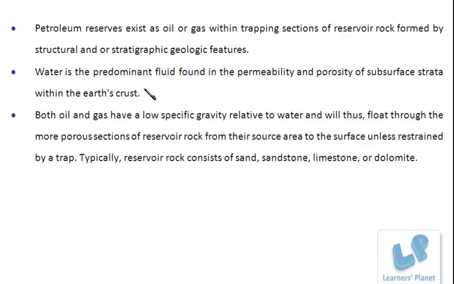The ocean is there, so water is the predominant fluid, found in the permeability and porosity of subsurface strata within the Earth's crust. Both oil and gas have a low specific gravity relative to water and will thus float through the more porous sections of reservoir rock from their source area to the surface, unless restrained by a trap.